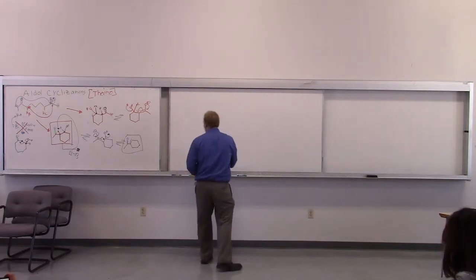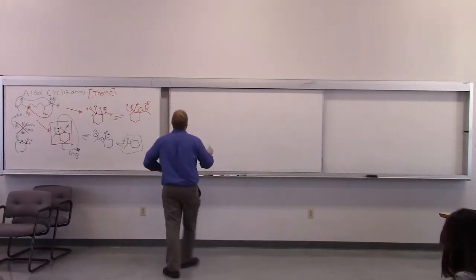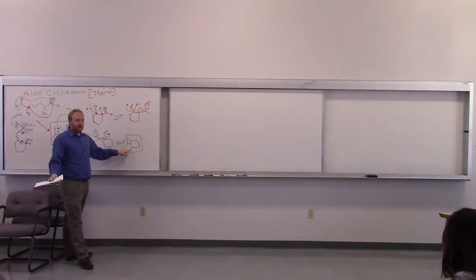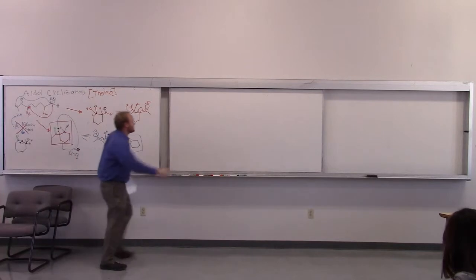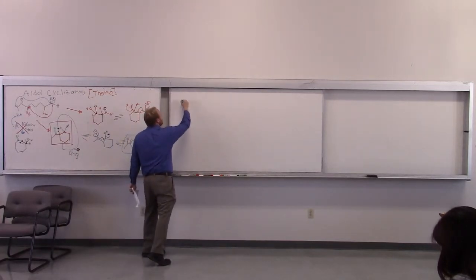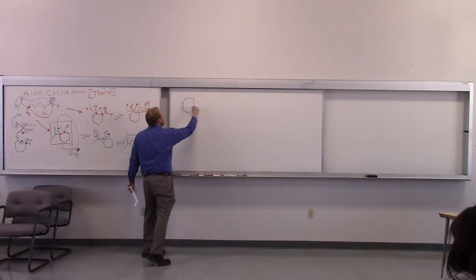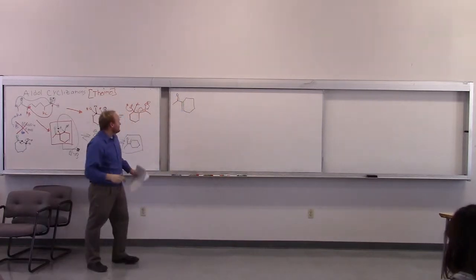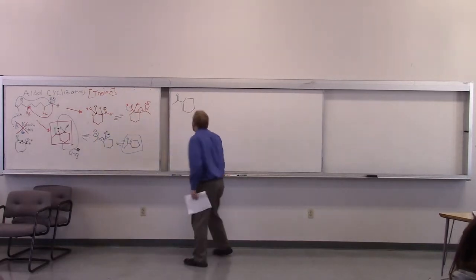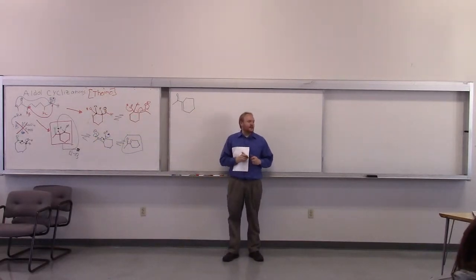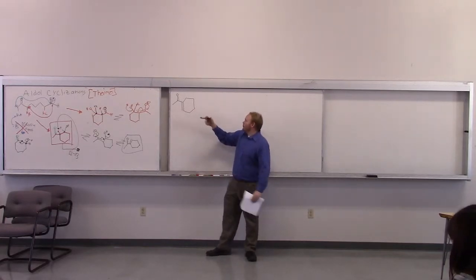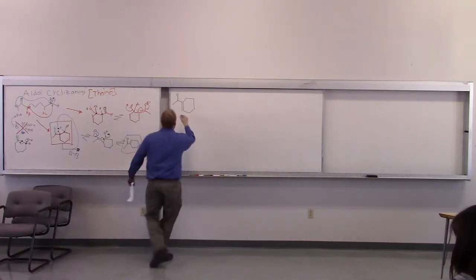So now that brings us to these ketones, these aldol dehydration products. And I'll just draw this one out. So alpha, beta unsaturated ketones and aldehydes like this.